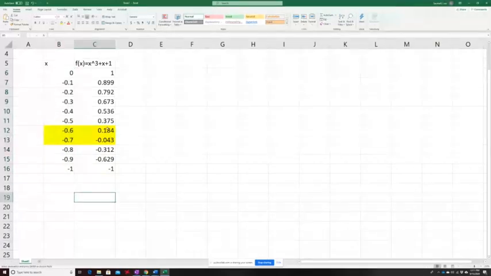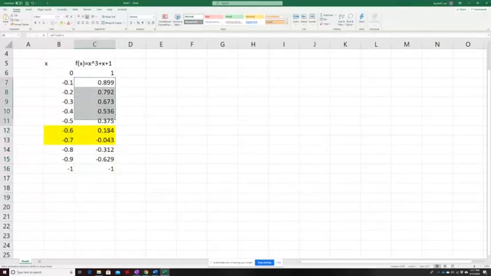Okay, let us look at this. When we look at the values, we see that the first time the function jumps sign from negative to positive is right here. Here we see negative, here we see positive. What does that mean when we read this table?